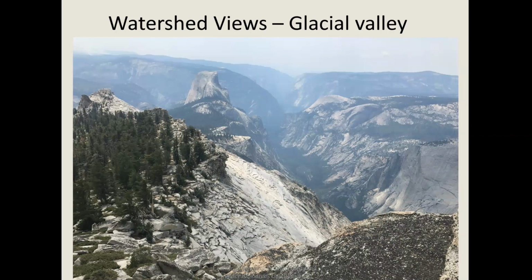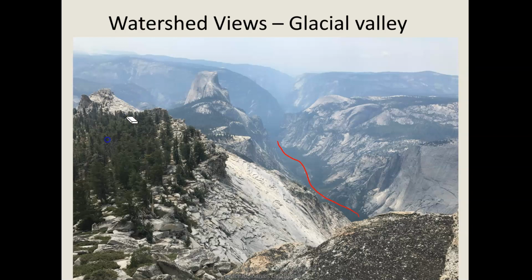All right, so here's a local example. This is some glacial terrain in the Sierra Nevada. We're looking at Half Dome here, so I'm in Yosemite National Park with this image. Down below here we have Tenaya Creek. And then on the other side of Half Dome, over on this side, we have the main stem of the Merced River.